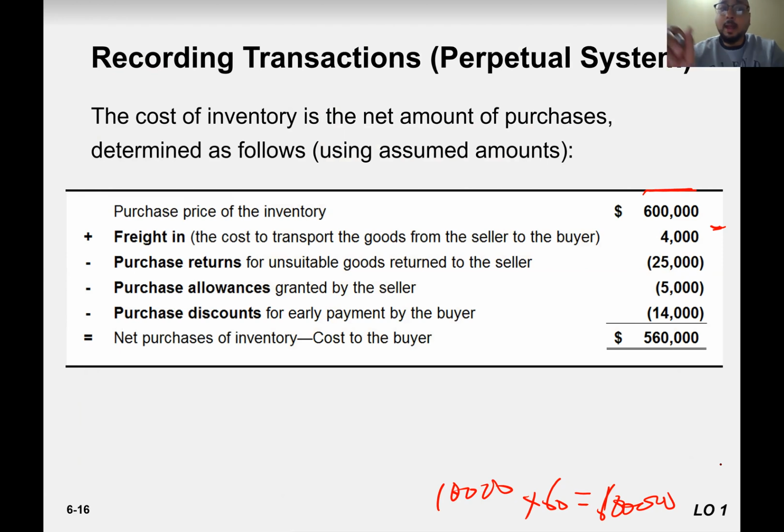And then I have to pay the freight charges. So the seller will tell me, okay, you ordered 10,000 bottles of shampoo, so there is a freight charge, the cargo charges, the delivery charges. If I am paying that, then I need to include it in the cost of my inventory.